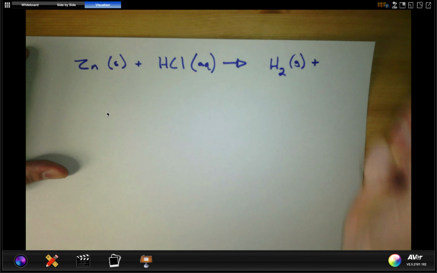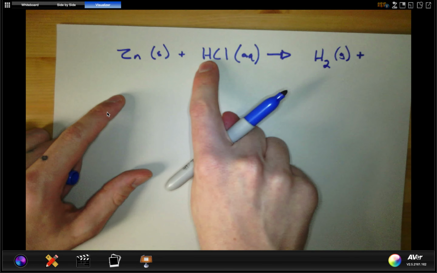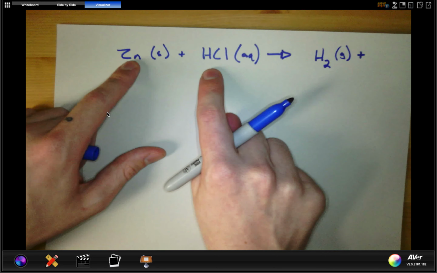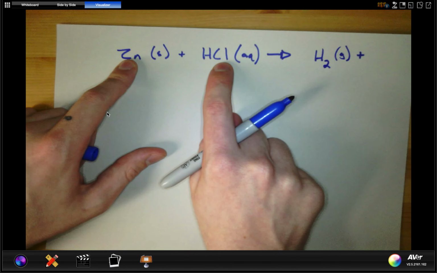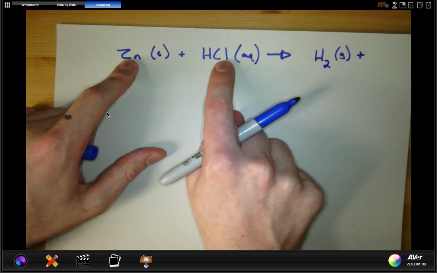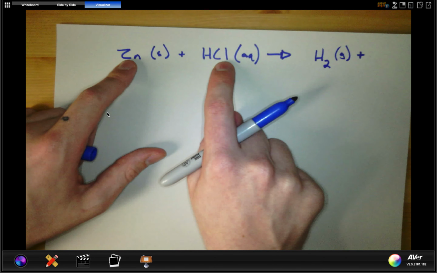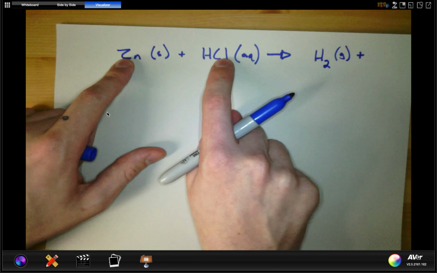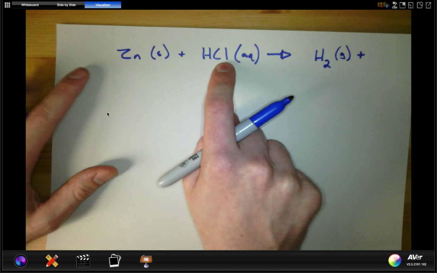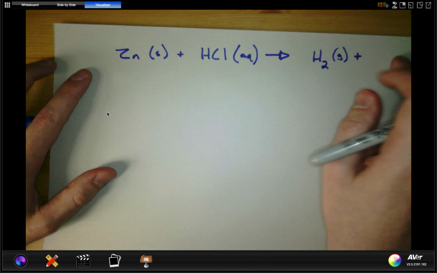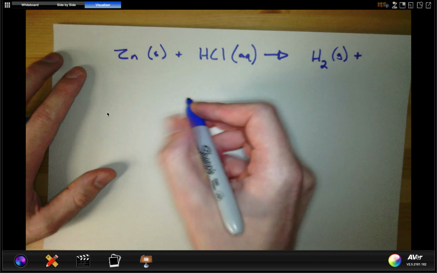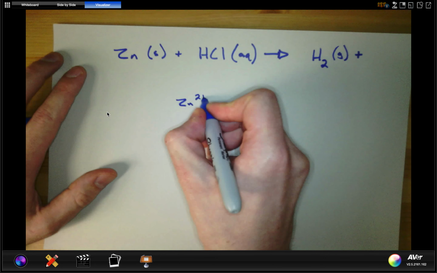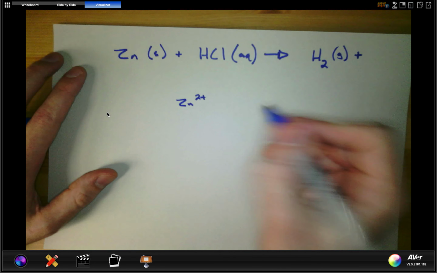Now, what's going to be left over? Well, if we're using up the hydrogen, we have this zinc and chlorine. Zinc makes a positive ion, chlorine makes a negative ion. Zinc, I believe, is a 2 plus, and you can look that up on your periodic table.